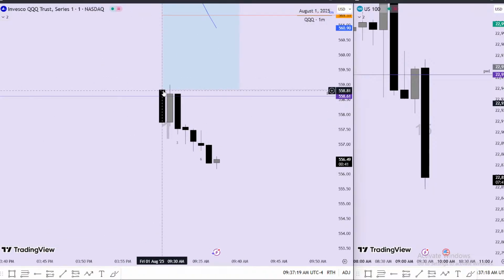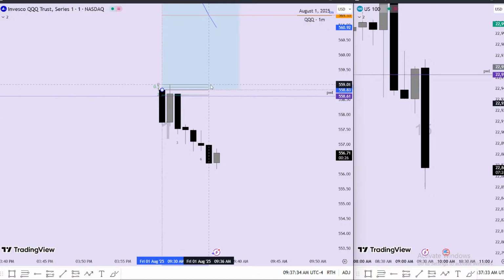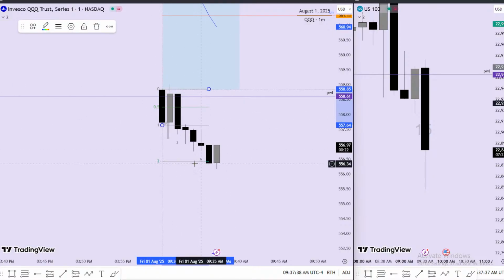Someone who sold the open of the day has already got their 1 to 1 reward ratio. So the price can bounce around here, make a low again, and then continue.